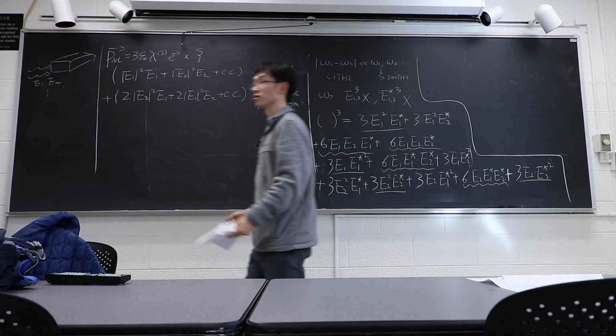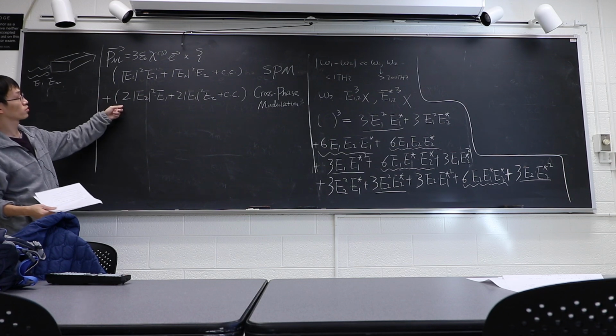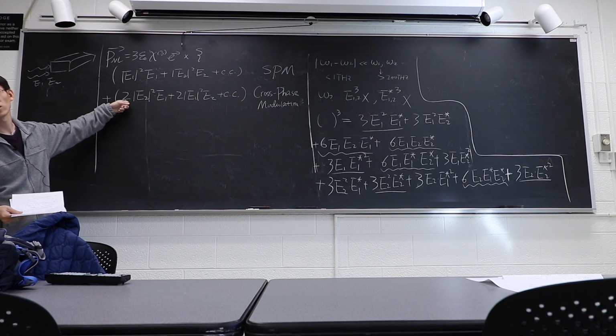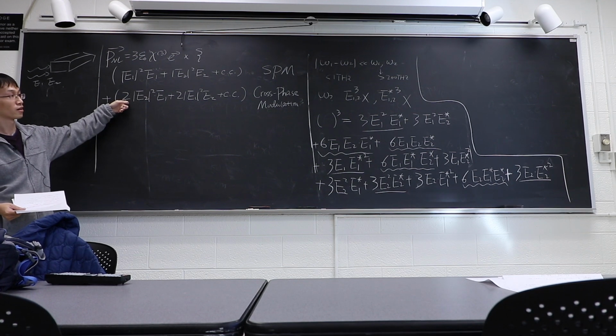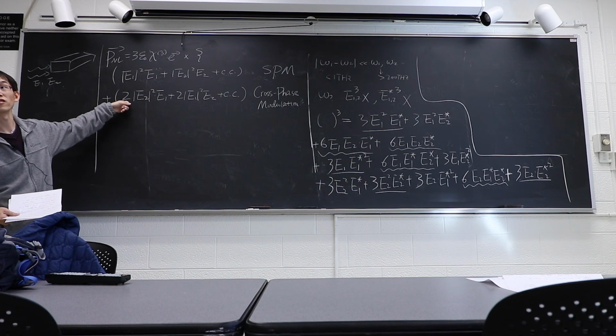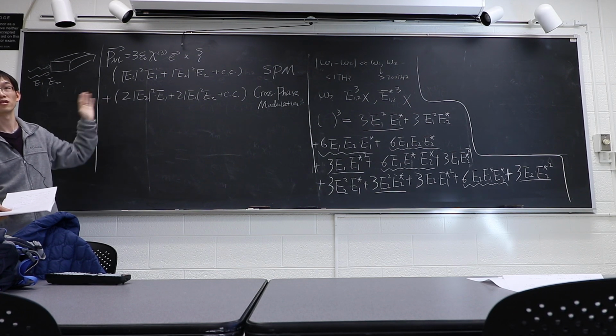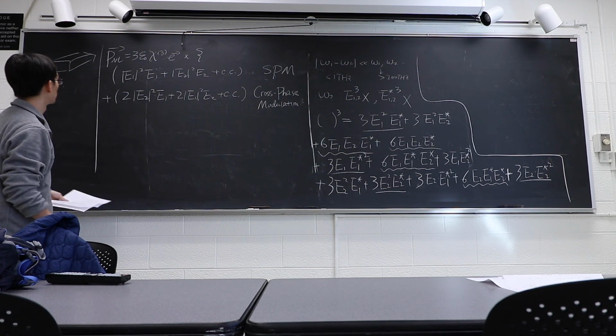The important thing is cross-phase modulation is 2 times larger than self-phase modulation. And this actually becomes important if you have 2 inputs, and then you need to determine what the refraction index change is in your system.